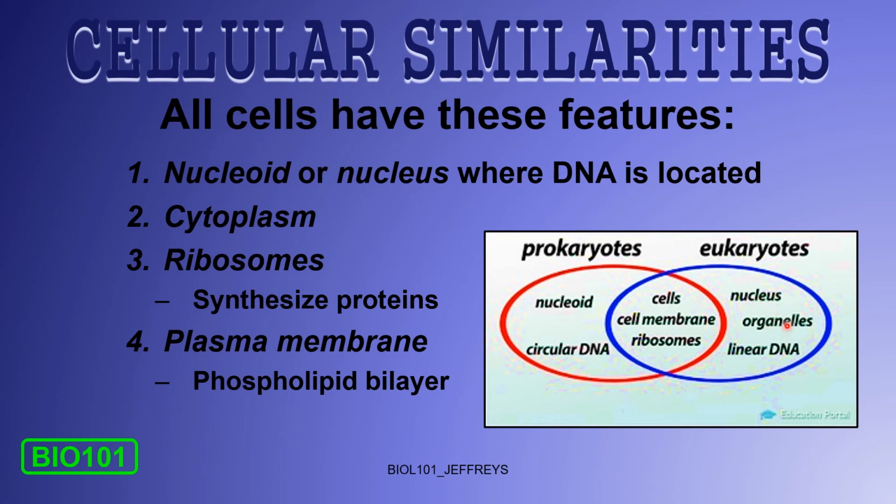Organelles, lots of organelles, not just ribosomes, but endoplasmic reticula, nucleus, Golgi apparatus, all those things. And their DNA is linear, whereas prokaryotes have circular DNA. The features that are common to the two, cell membrane and ribosomes.